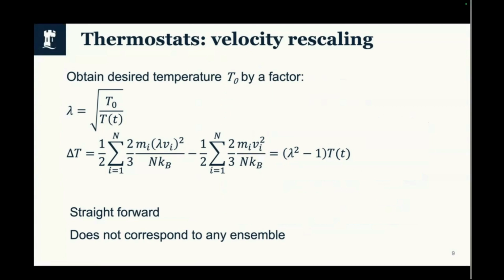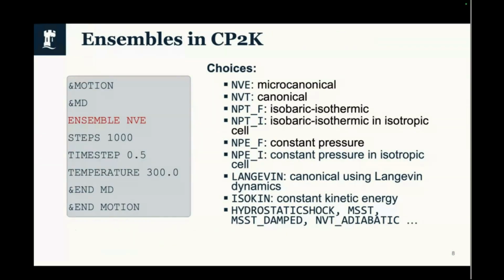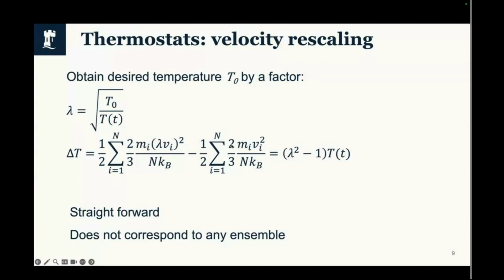So we have talked about this; in practice, we mostly use an ensemble like NVT or NPT to produce our trajectory. So basically we control the temperature by a thermostat. Again, I won't go into a very detailed theory about this because you can always refer to the reading slides, if you are interested to know more about this.